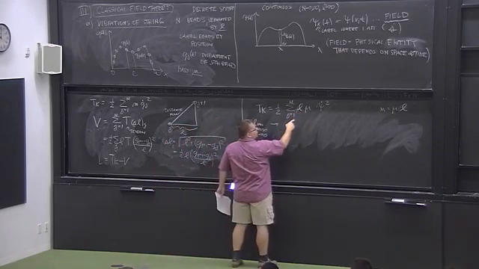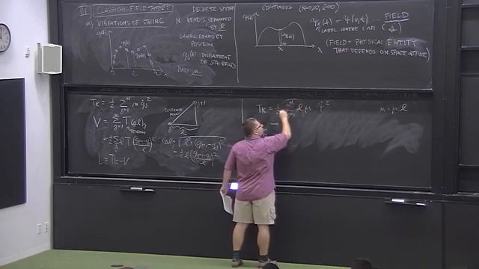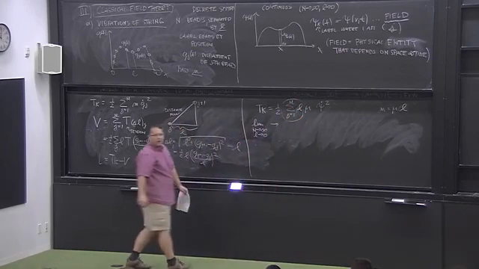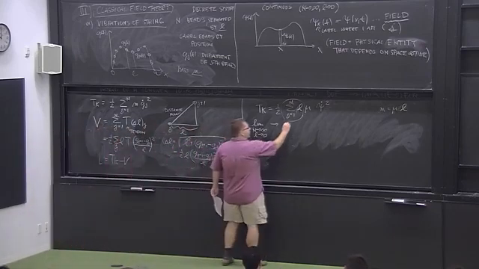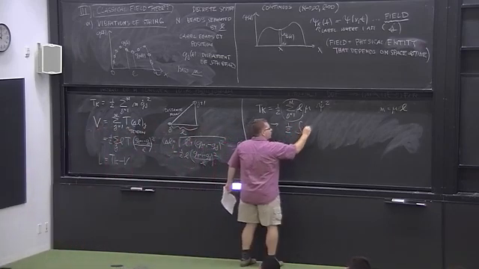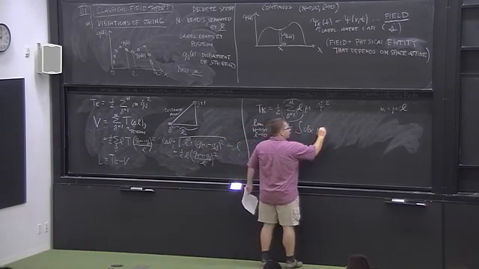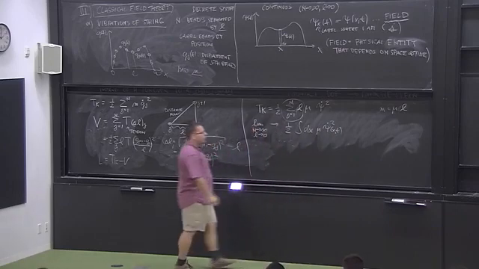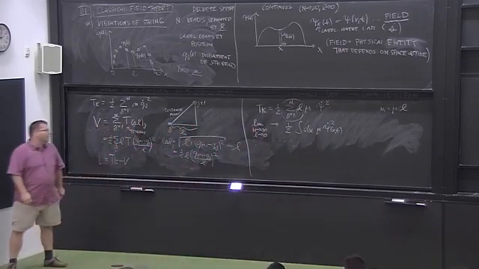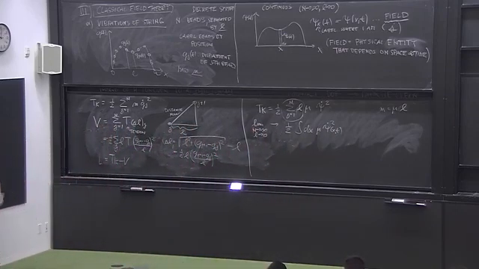And so this guy goes to 0, but this sum goes to infinity. So it's not that surprising that the sum becomes an integral over dx. Okay, so this just goes to 1/2 integral dx mu psi dot square, which is a function of x and t. And dot I still mean the derivative with respect to time. Okay, so that's your kinetic energy.